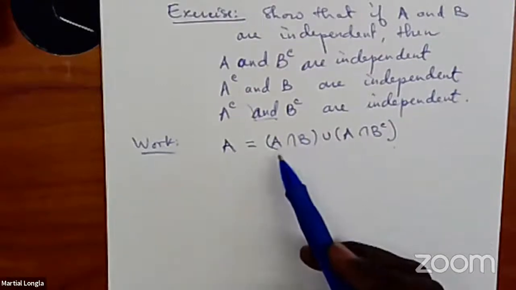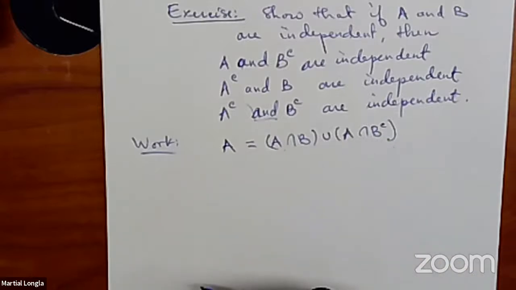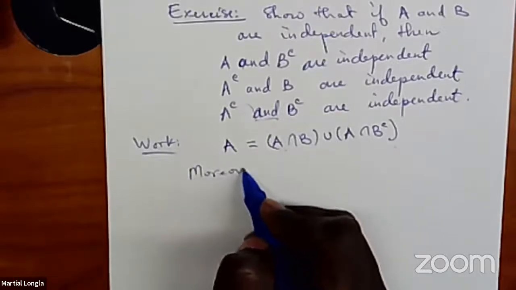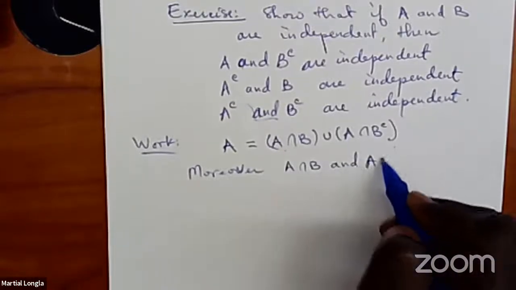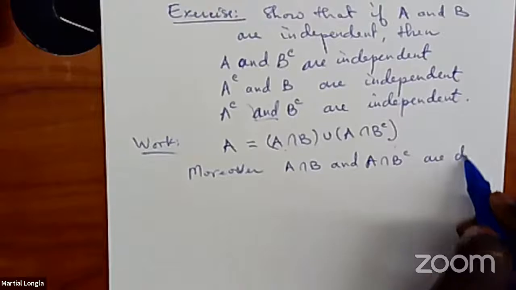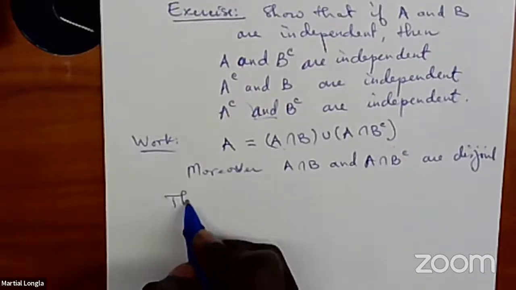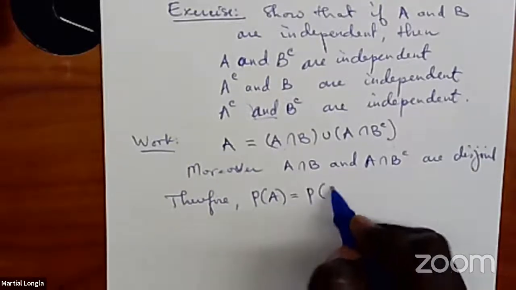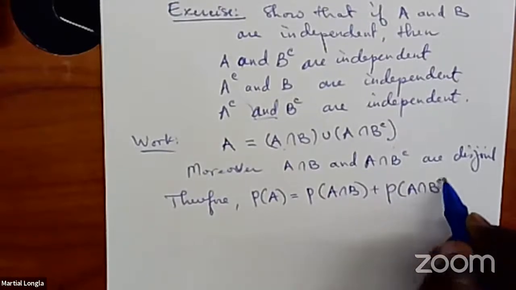So a point is either in A and B or in A and the complement of B. Moreover, A intersection B and A intersection B complement are disjoint. There is no point that is in these two sets at the same time. Therefore, probability of A equals probability of A and B plus probability of A and B complement.